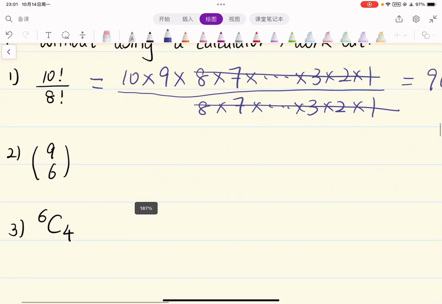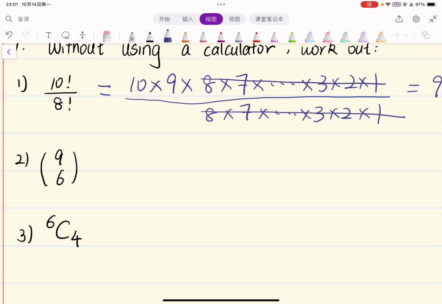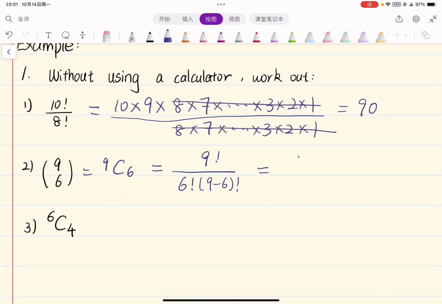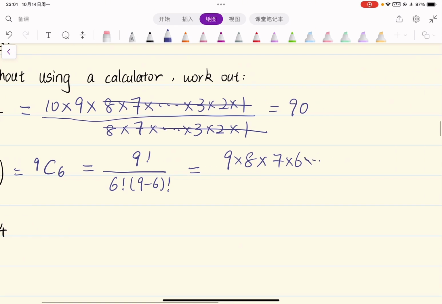Now move on to the second question. 9, 6 means 9 choose 6. We can write that 9 choose 6 equals 9 factorial over 6 factorial times 9 minus 6 factorial, which equals 9 times 8 times 7 times 6 and so on times 2 times 1 over 6 times 5 times 4 and so on times 2 times 1.